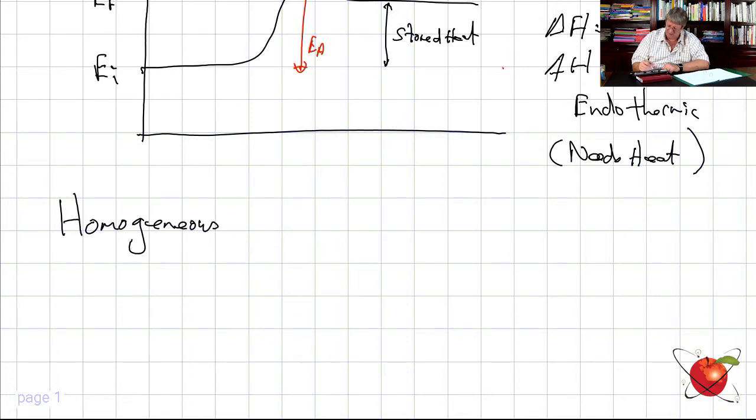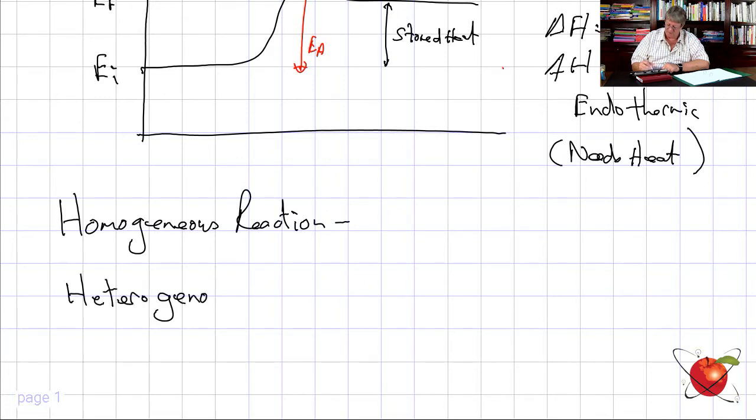Homogeneous reactions. Homogeneous and heterogeneous reactions. Okay?